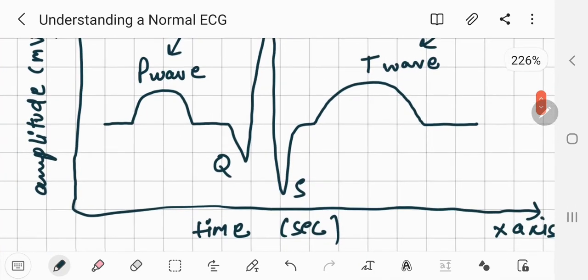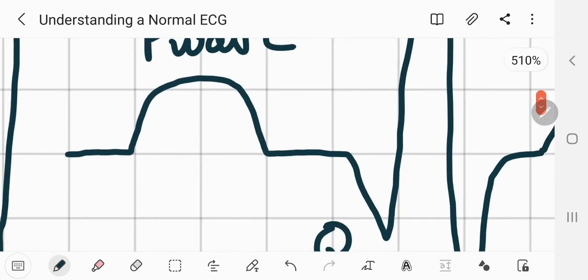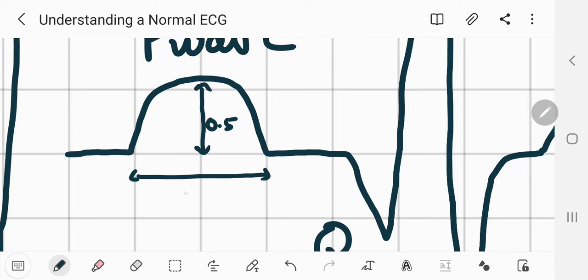So if you see it here, this one will be amplitude, around 0.5 millivolt, and this one is duration, around 0.1 seconds.